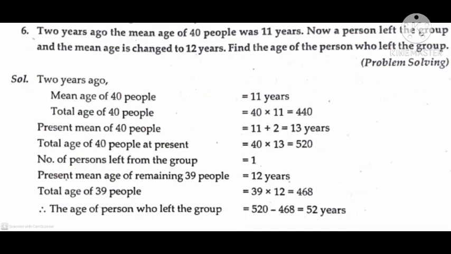Therefore, total age of 39 people is equal to 39 into 12, that is 468. Therefore, the age of the person who left the group is equal to the total age of 40 people minus the total age of 39 people, that is 520 minus 468, that is 52 years.